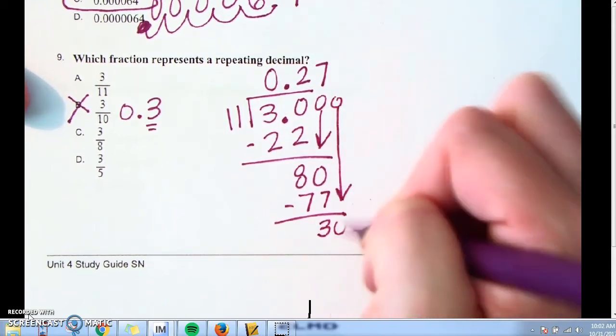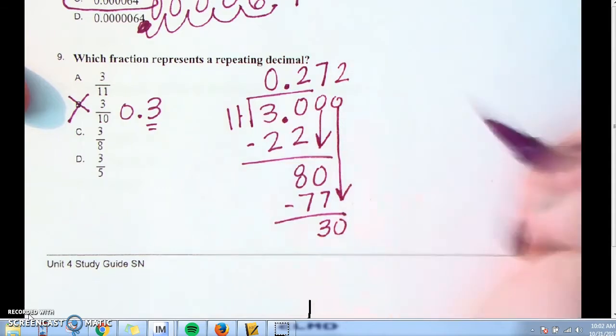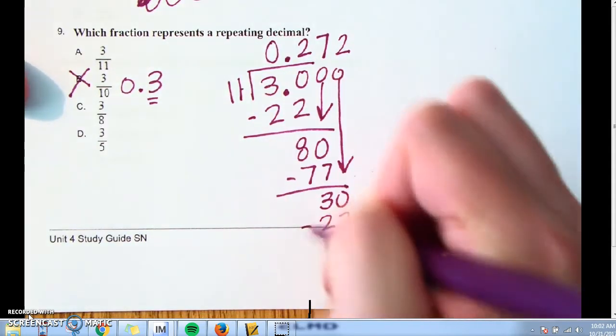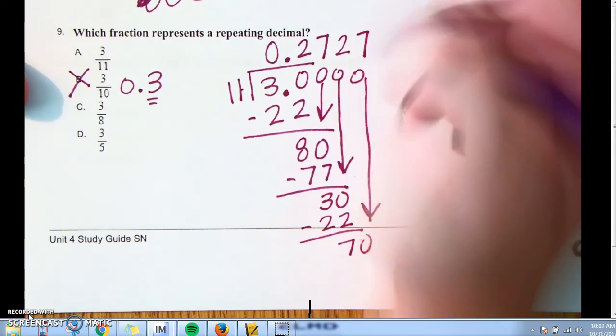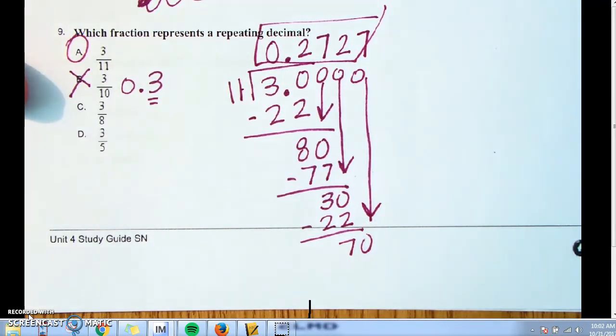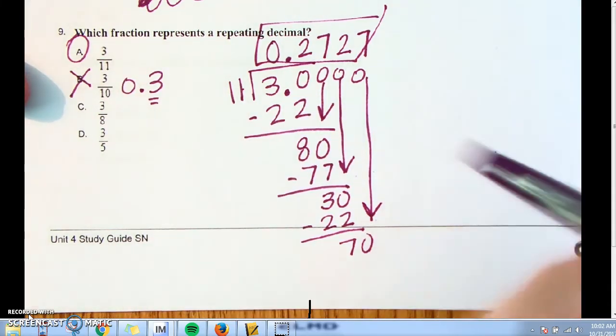Bring down a 0. 11 goes into 30 2 times. Well, aren't we lucky? 2 times 11 is 22. Subtract, I get a 7, and it looks like this is the repeating decimal, because that pattern is going to keep repeating. If it was an A, you would try C, and then you would try D.